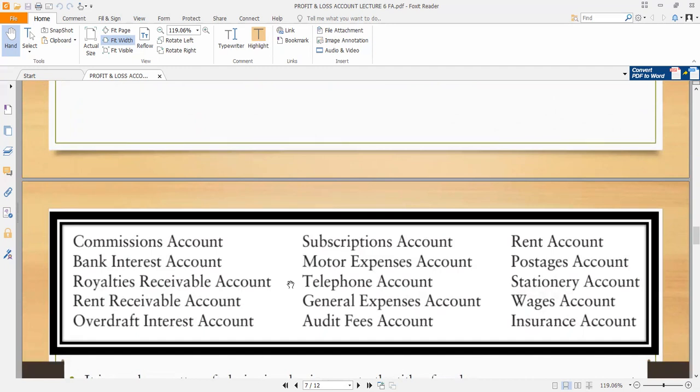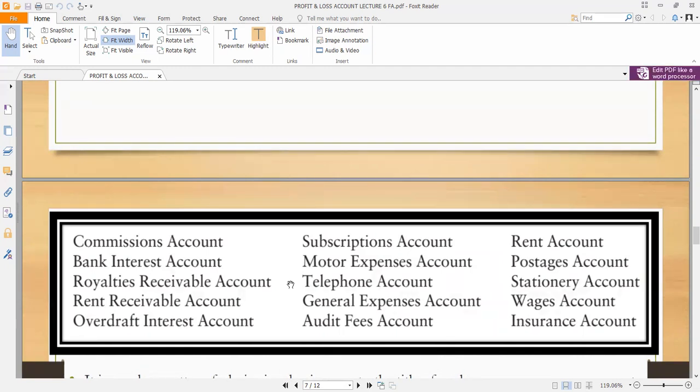If your business is renting some vehicles, an expense account will be there for the rent. Bank interest account. Let me actually redo the whole thing. I didn't explain it properly.